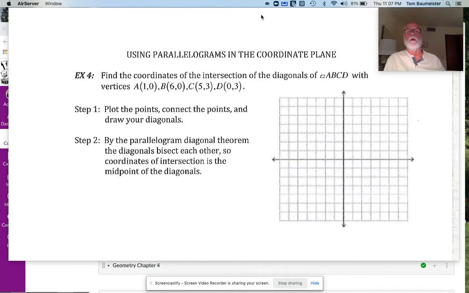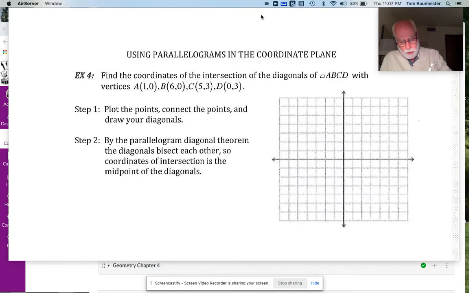Okay, so let's look at the two. We're going to use parallelograms in the coordinate plane. So the first one says, example 4, find the coordinates of the intersection of the diagonals of parallelogram ABCD with vertices A at 1, 0, B at 6, 0, C at 5, 3, and D at 0, 3.